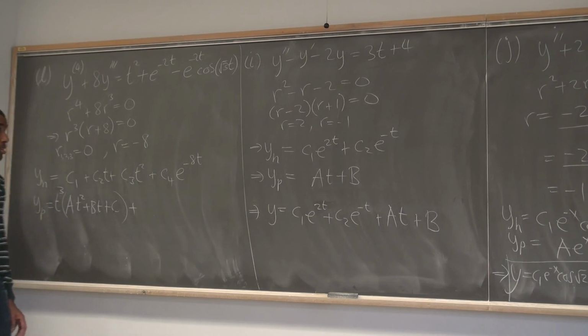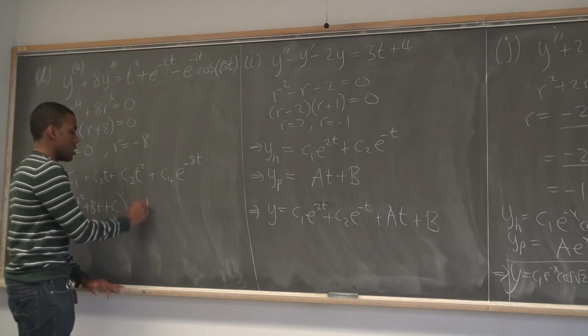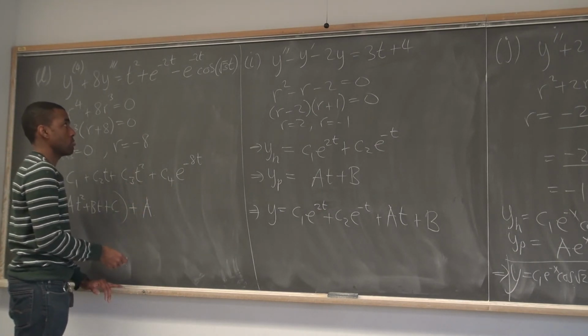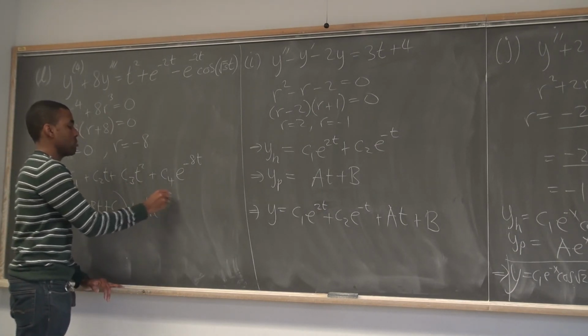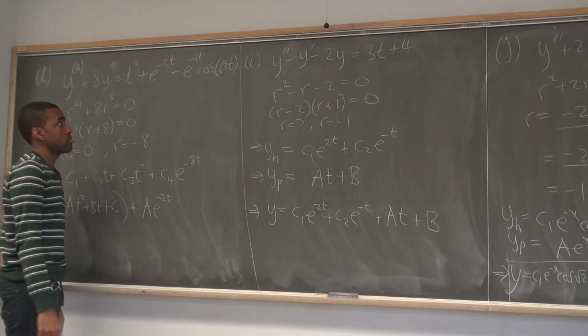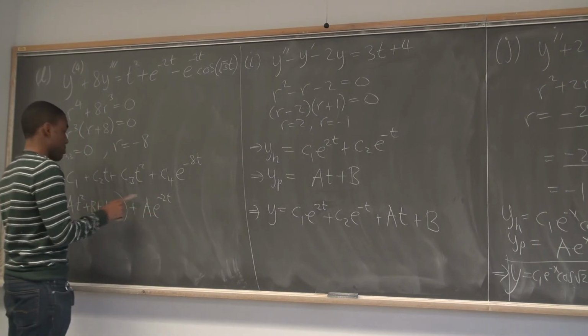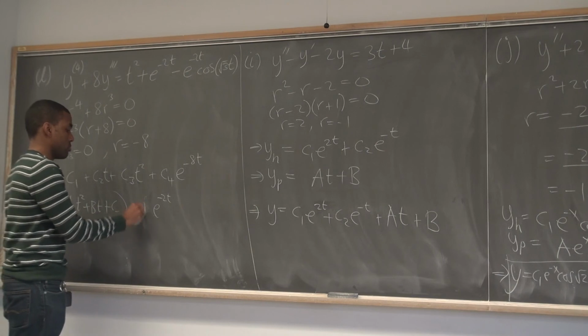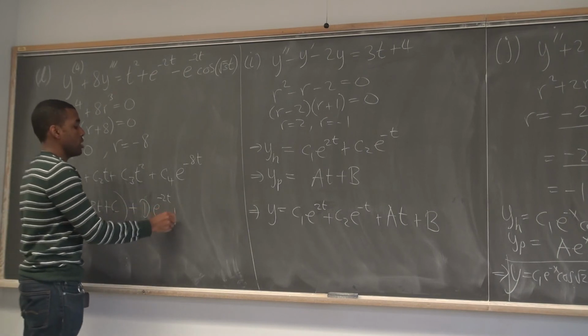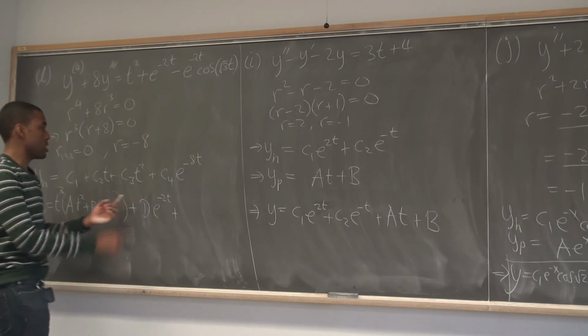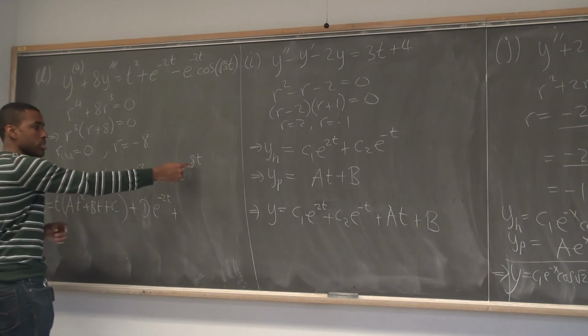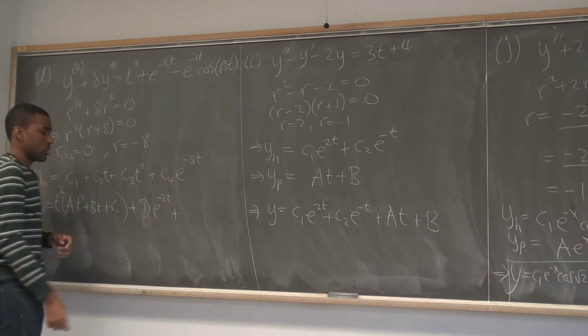It won't make a difference. So this is just a... It's the letter D, we're up to D now. And then that takes care of this one. It doesn't look like anything here. This is e to the minus 8t. So we're done with that one.